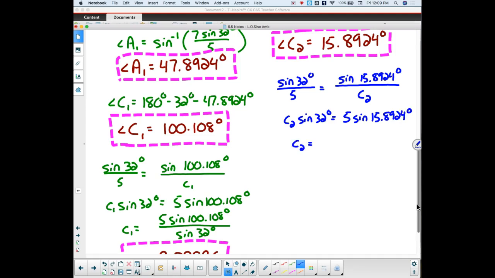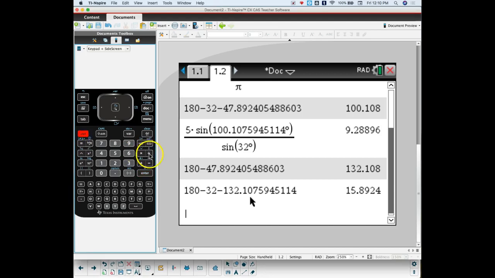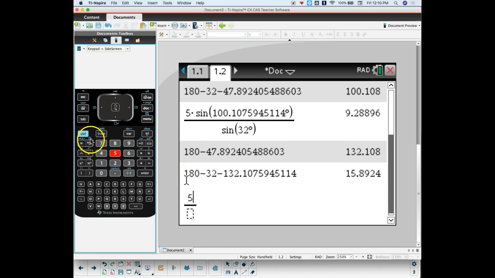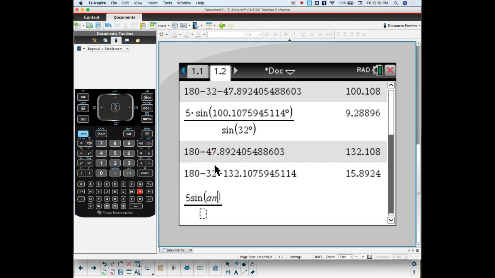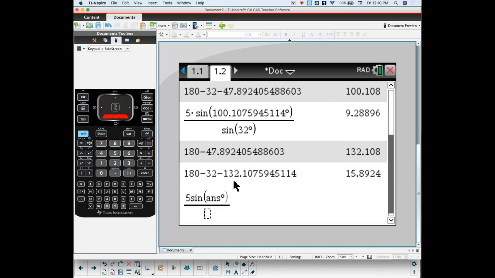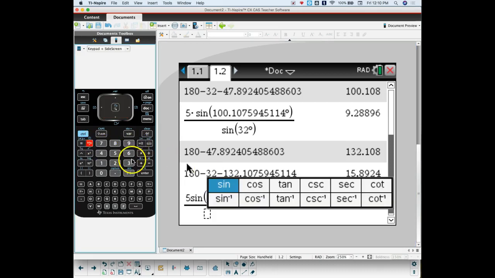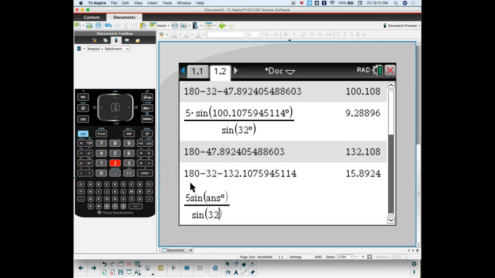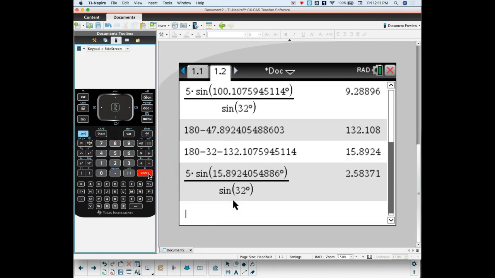So side C sub 2 is 5 sine 15.8924 divided by the sine of 32 degrees. I get a side length there of 2.58371.